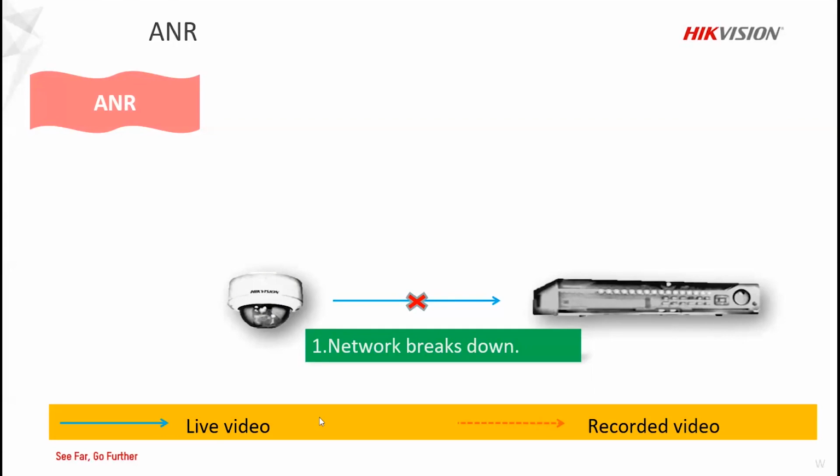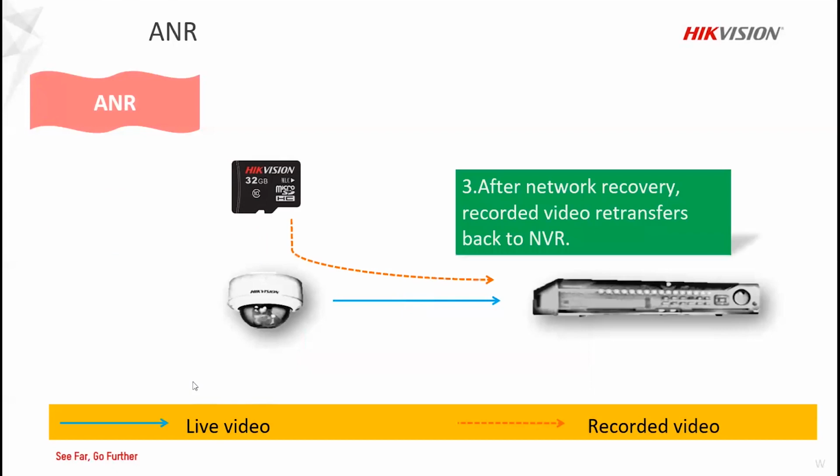So in the NVR there won't be any loss of video during the network failure, and because the IP camera is sending the videos with the timestamp, there will be a complete flawless video in the NVR.